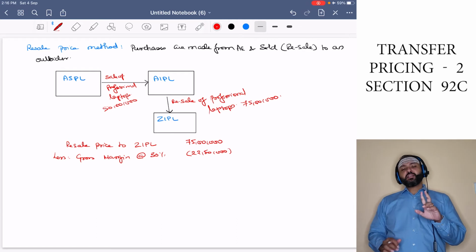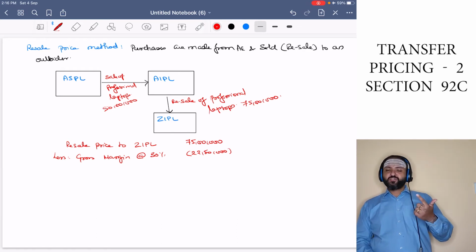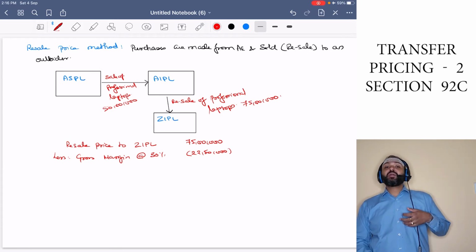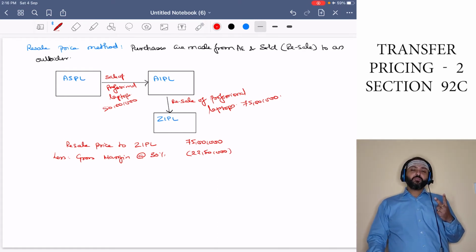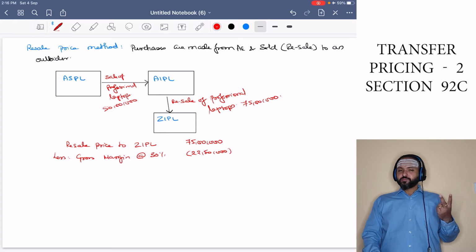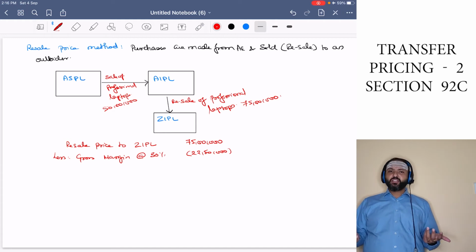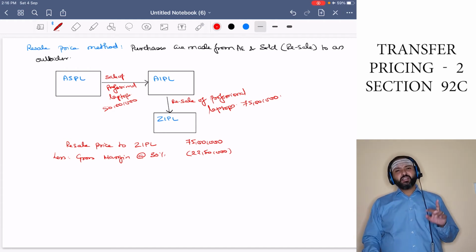Now, since I have gone for purchase from a foreign vendor or from a related party for that matter, what has happened? I have ended up paying customs duty and I have also incurred freight charges. So these two expenses I have incurred. Because of going to a foreign dealer, I have incurred this cost. If I had gone in-house, I wouldn't have incurred this cost, correct? So these costs are specific costs.